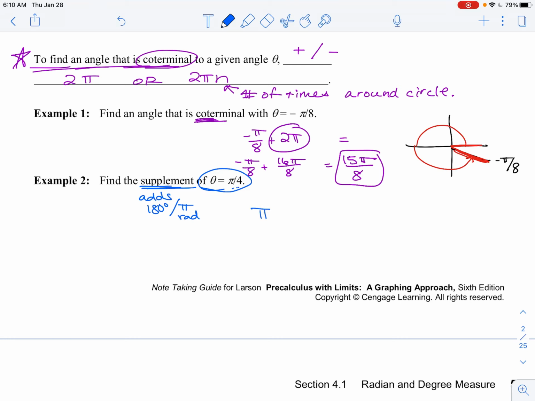So pi, which is the total of the supplements, minus the first angle will give us the second angle. I know pi can be written as 4 pi over 4 as an equivalent. Subtract the angle, and we get the other supplementary angle. So this is the supplement. An angle of 3 pi over 4 is the supplement of an angle of pi over 4.